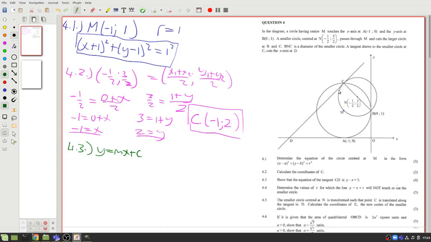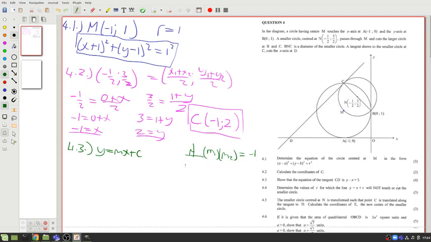So what else can we do? We see we have a tangent to a radius that makes 90 degrees. And when lines make a 90-degree angle, we know they are perpendicular by definition. When lines are perpendicular, we know the gradient of the one multiplied by the gradient of the other one equals negative 1. So we can use that in here. First, we need to find the gradient of BC.